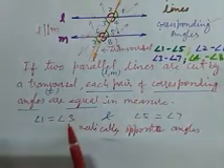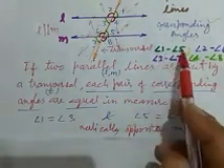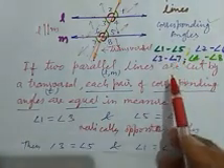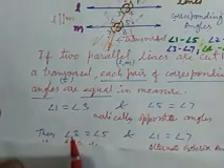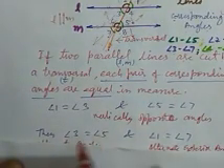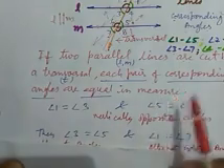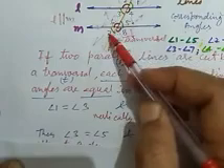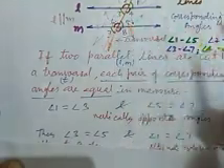So 1 equals 3 and 1 also equals 5. It means 3 and 5 are also equal. Okay. So angle 3 and angle 5 are also equal. Same, 5 equals 7. They are vertically opposite angles.